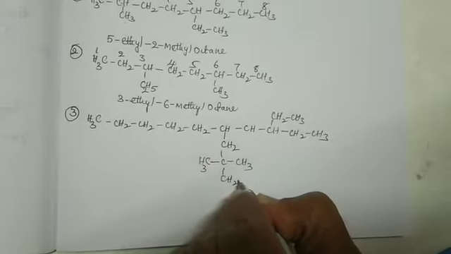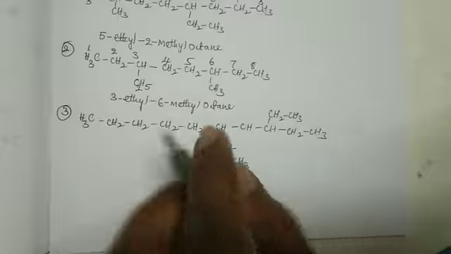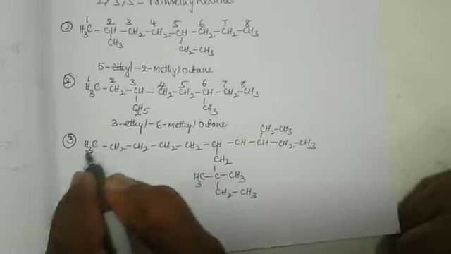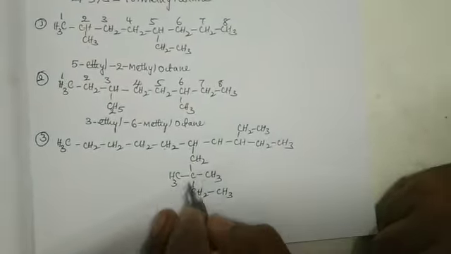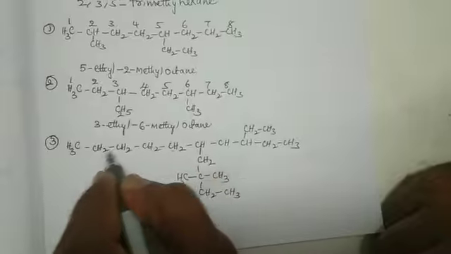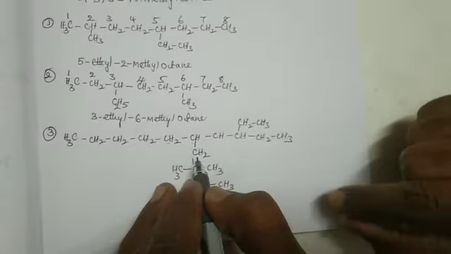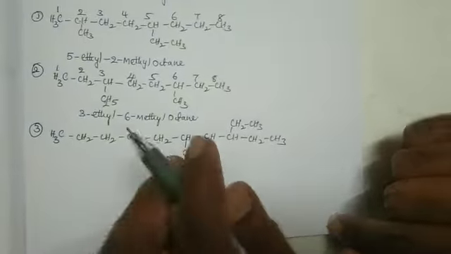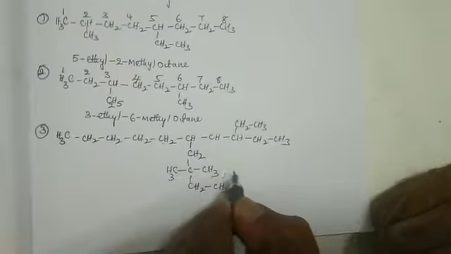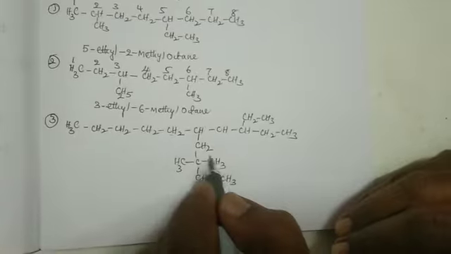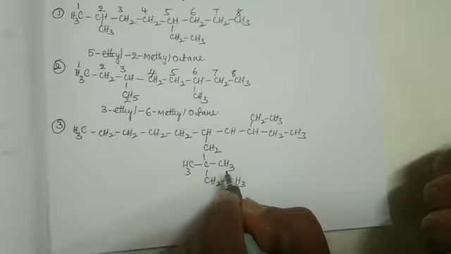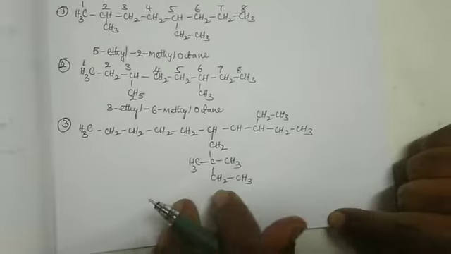So in this case, if you observe, the longest carbon chain is 1, 2, 3, 4, 5, 6, 7, 8, 9, 10 on one side and 1, 2, 3, 4, 5, 6, 7, 8, 9, 10 on the other. So you are getting an equal number of carbons on both sides. In that case, which one do we give the preference? We always give the preference to the chain where more substitutions are present, and that one you take as the parent chain.